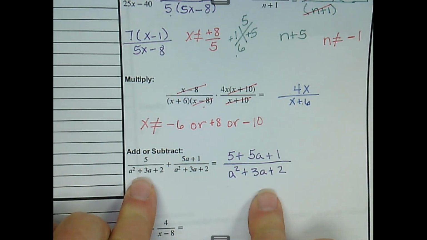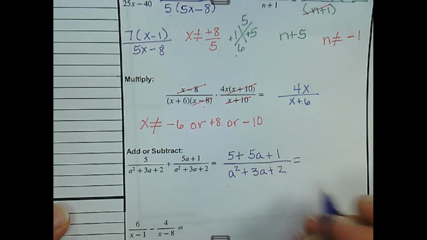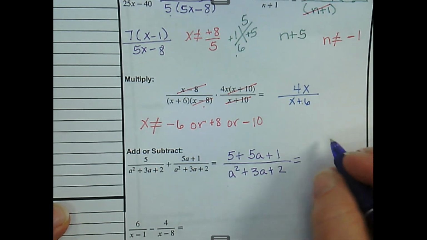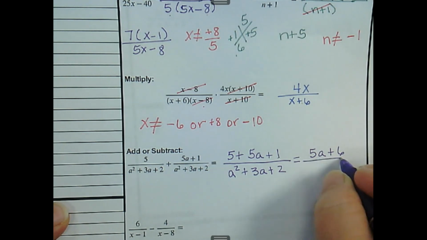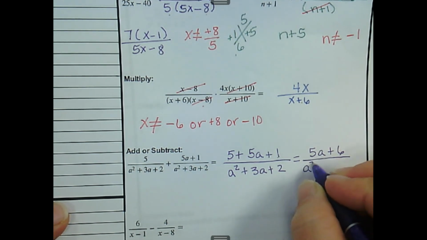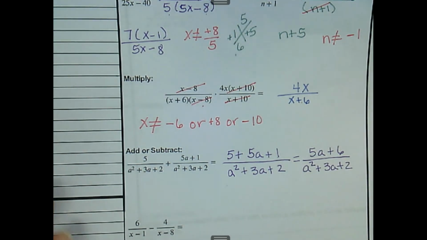You've got the same denominator. You don't have to change anything. Okay, 5 plus 1 is 6. So this is 5a plus 6 over a squared plus 3a plus 2.